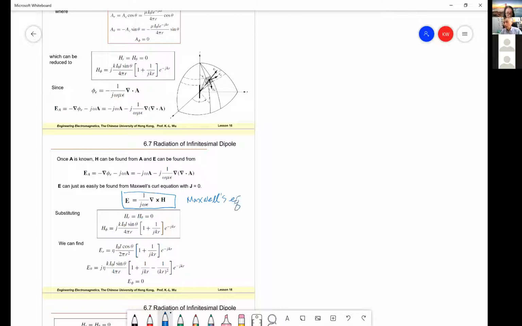Oh, sorry, this is Ampere's law. And because we have a current we call displacement current, this current equals j omega epsilon times E in a time harmonic field.